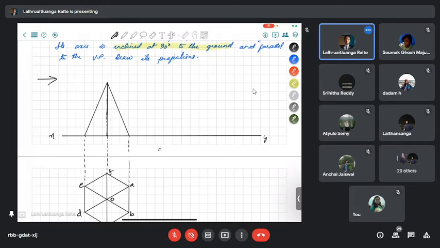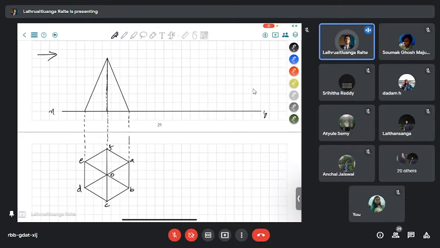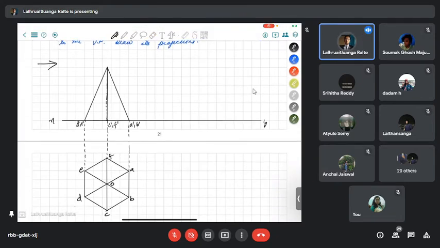All right. So here we'll have A dash, B dash, and here we'll also have C dash and F dash, and we'll have D dash and E dash.